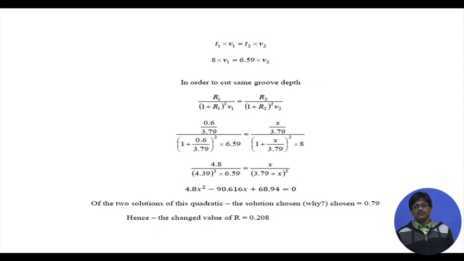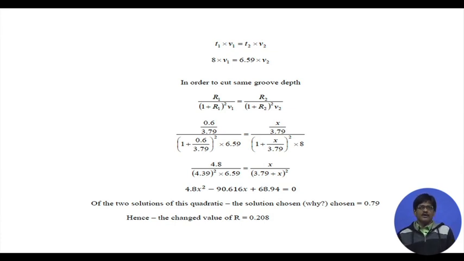And if you find out the ratio of the new abrasive consumption rate to the mass flow rate of water, you will find that the R value will come out to be 0.208.